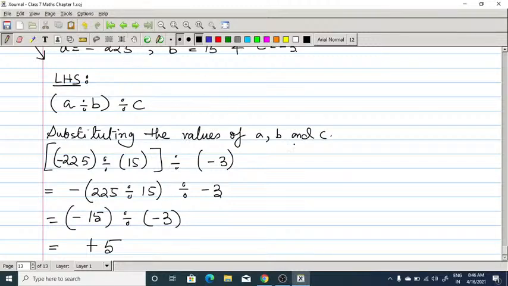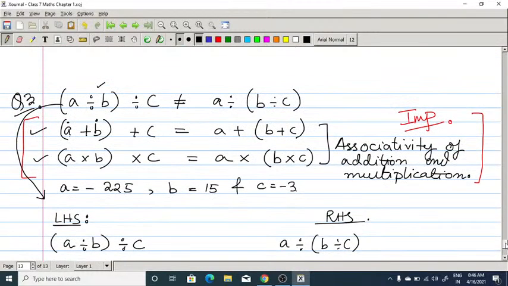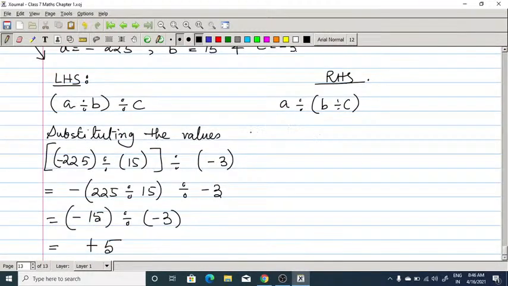So let us do the RHS now. RHS is A divided by B divided by C. Again substituting the values, what do we get?